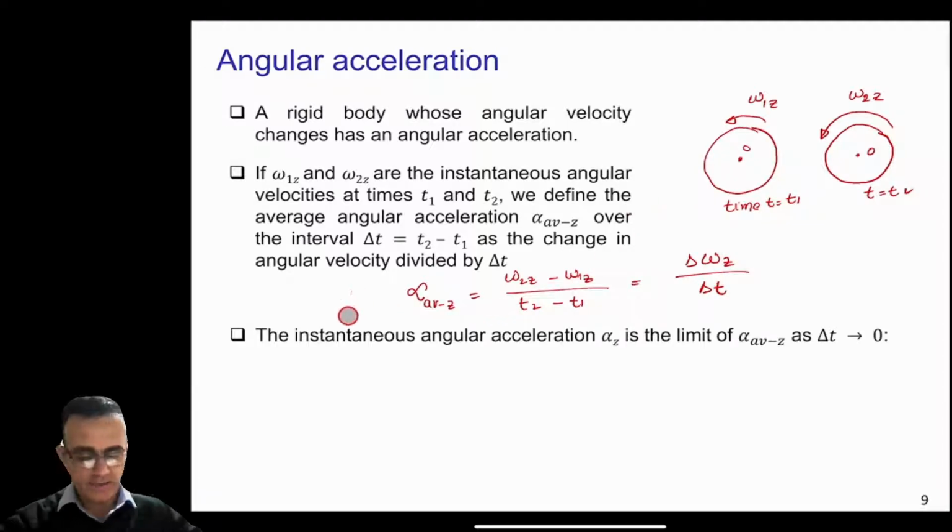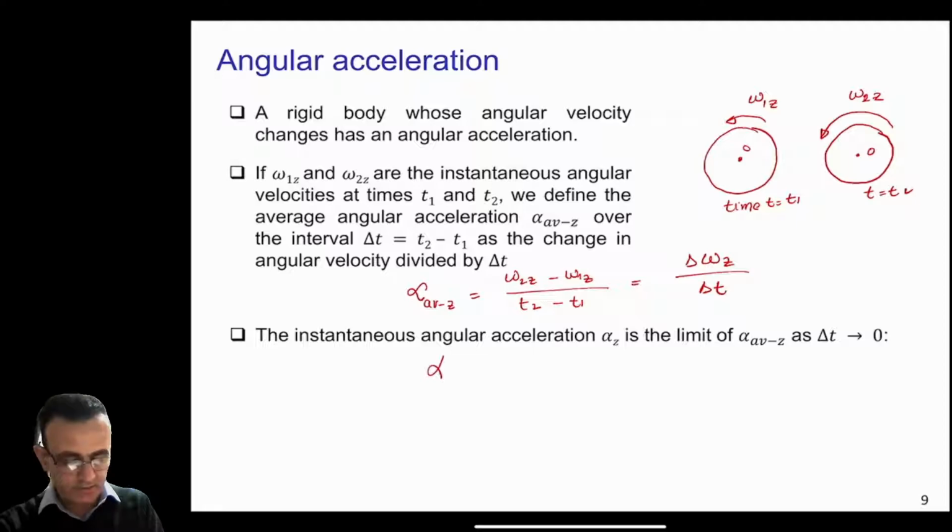Now the instantaneous angular acceleration, which you can represent by alpha z, is the limit of this average angular acceleration when delta t is approaching zero. So alpha z will be equal to the limit as delta t approaches zero of delta omega z divided by delta t.